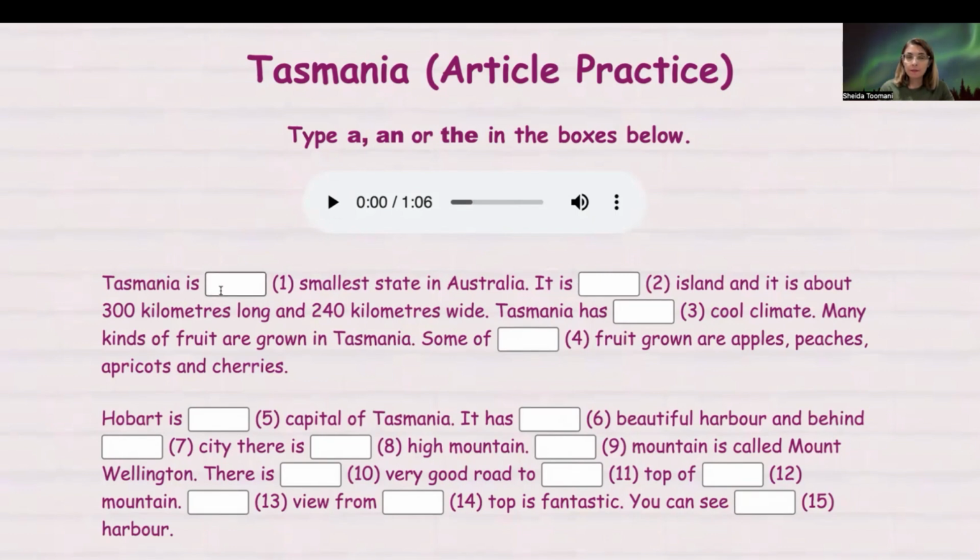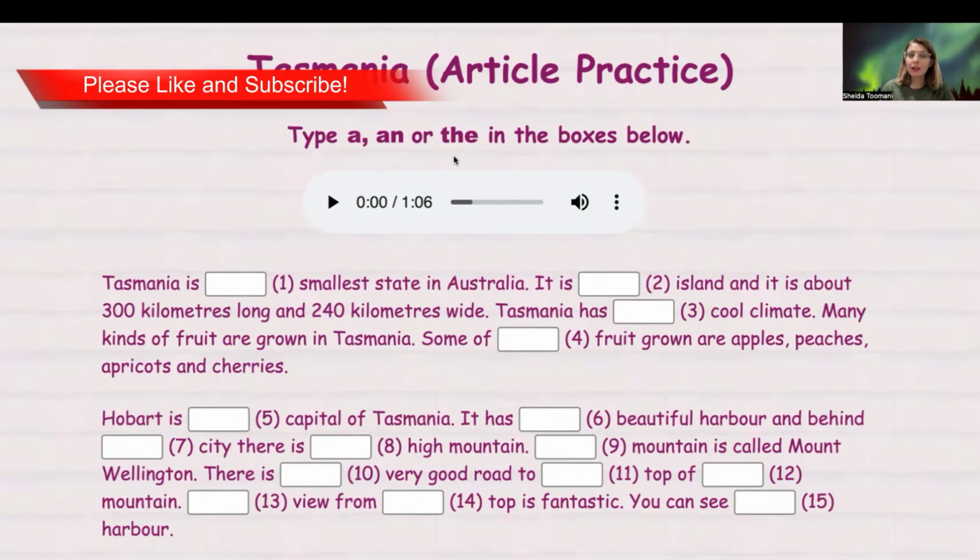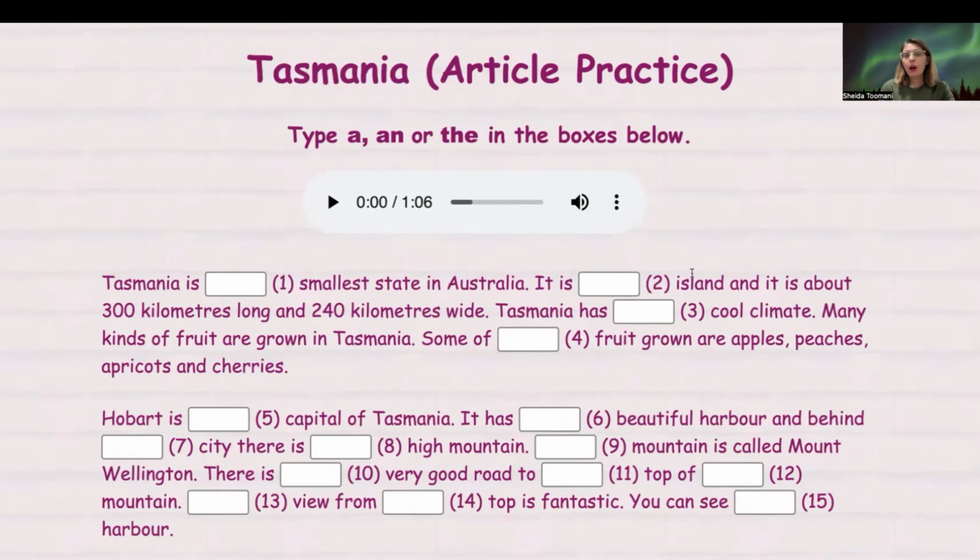All right. Tasmania is the smallest state in Australia. What do you think? For number one, do we need a, an, or the? You can make a note of what you think. It is island, and it is about 300 kilometers long and 240 kilometers wide. What do you think for number two?